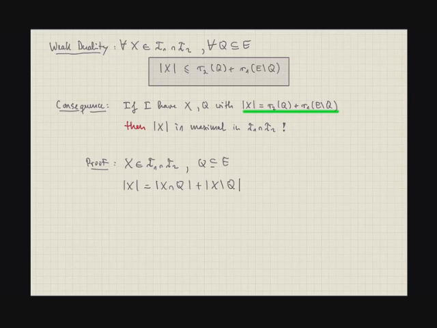And now, what can I say about this subset? Well, X was an independent set. So this is also an independent set because we are talking about a matroid. So therefore, the intersection of X and Q is independent with respect to the second matroid.